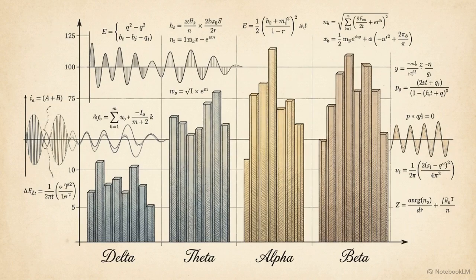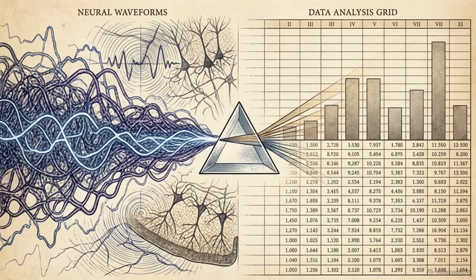This power spectrum explicitly reveals the dominant physiological rhythms that were previously hidden within the chaos of the raw time domain signal. The fast Fourier transform acts as the mathematical translator, converting biological electrical noise into a highly structured dataset ready for algorithmic scoring. This illustrates the divergent pathways in modern monitoring.